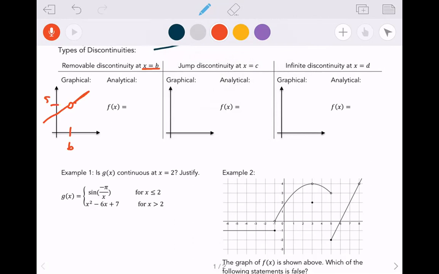So what would have happened analytically when there's a hole in the graph? Analytically, what happens is that there is this factor that cancels, and I'm just going to put like an x plus a down here. It doesn't really matter. But there's a factor that cancels.